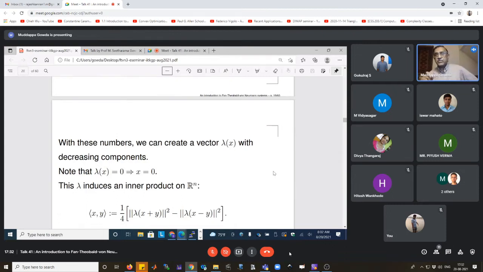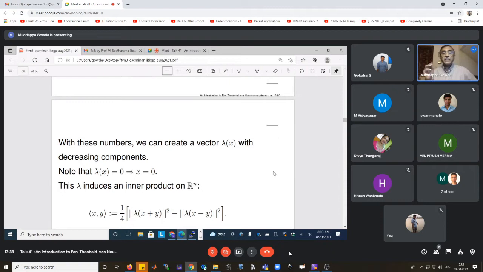So I take this x1, x2, xn. That is what I got in this setting. I create this vector lambda x with decreasing components. This is precisely our x down arrow. Well, notice that lambda x, which is x down arrow, equal to 0 implies x equals 0. This is defined as the completeness of our polynomial p. I'm going to say that later.